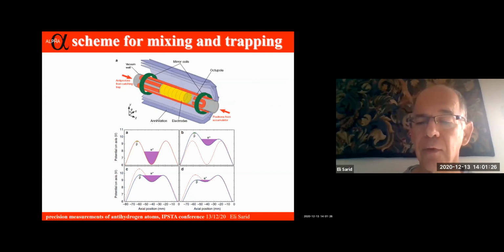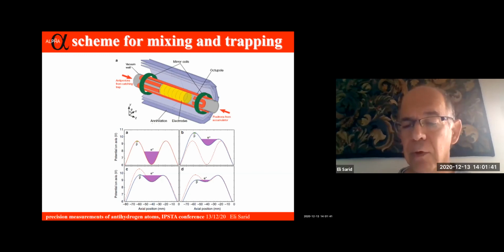So eventually, as you see in the D section of the figure here, the antiprotons can be mixed with the positrons without getting further energy. And remember, every milli-electron volt here counts dearly for the ability to trap the atoms.